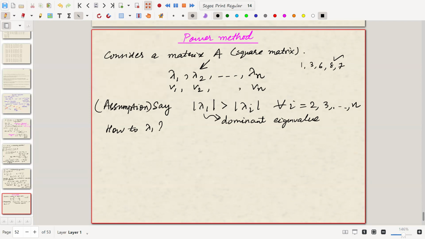Now I'm asking you how it can find the dominant eigenvalue. Any thoughts? Any ideas?